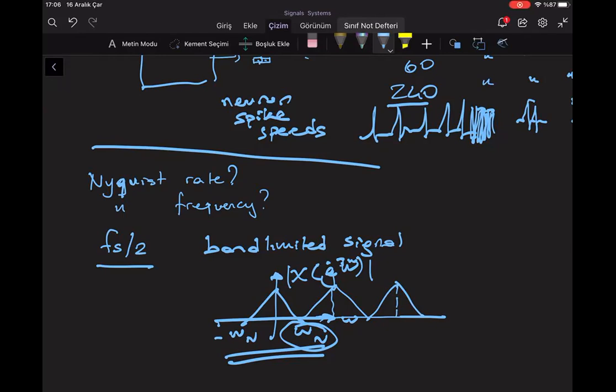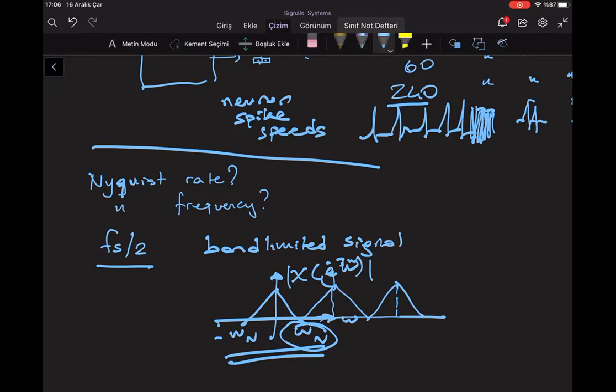So what does Fourier say? He said that I can represent any signal with the linear combination of different frequency sinusoids. I will add many sinusoids to synthesize a signal.